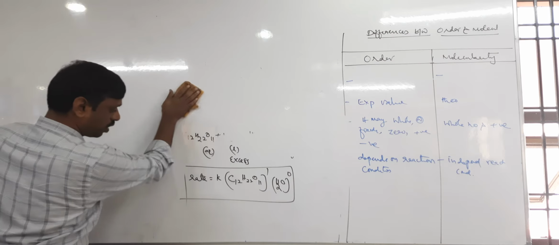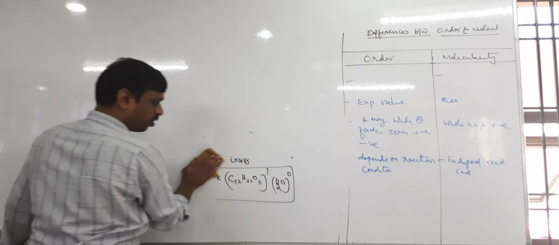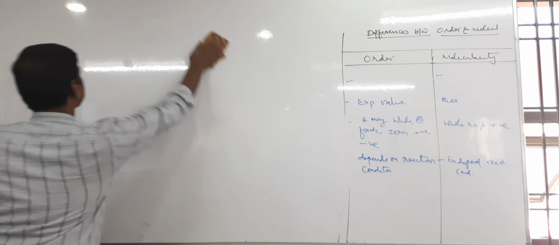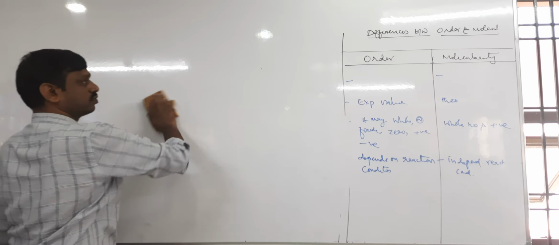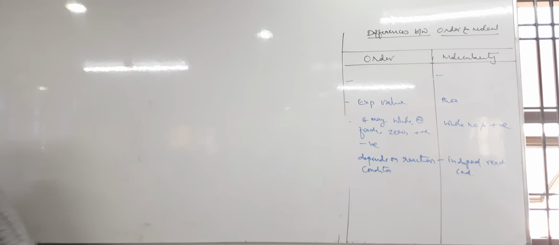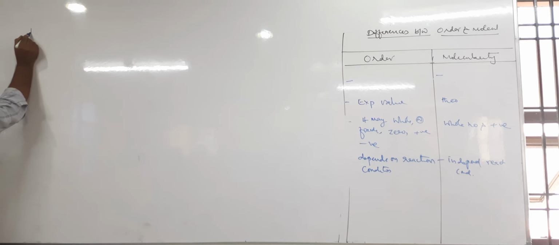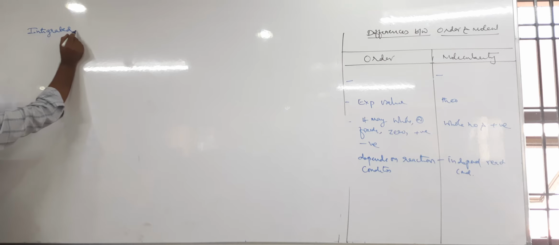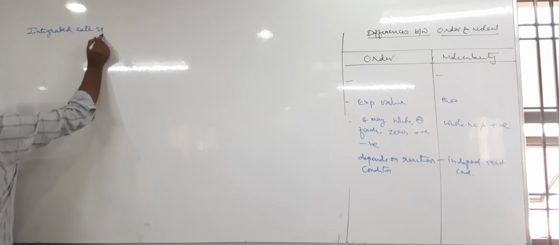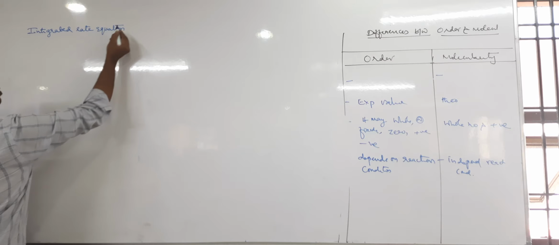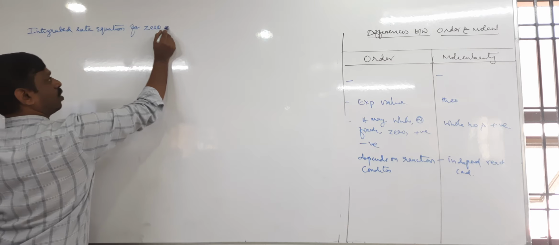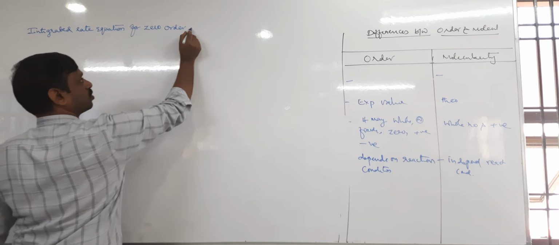Okay. Now next we have the integrated rate equation for zero order and first order reactions. Write down the integrated rate equation for zero order reaction.